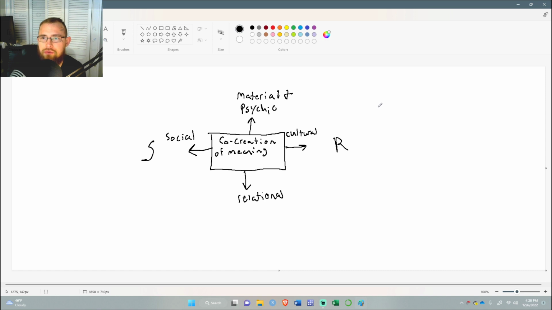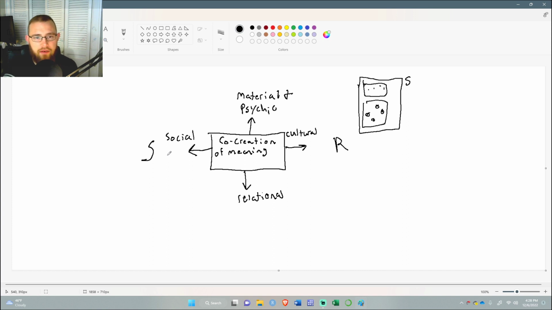So culture is a subset within a total subset, which is society. So it's a subsystem within the totality of the system.